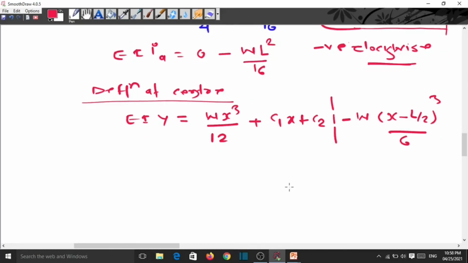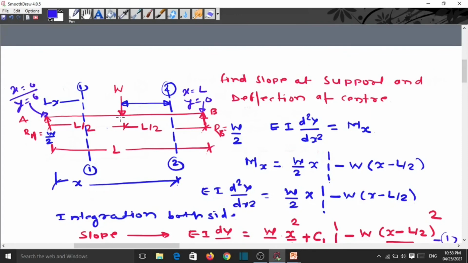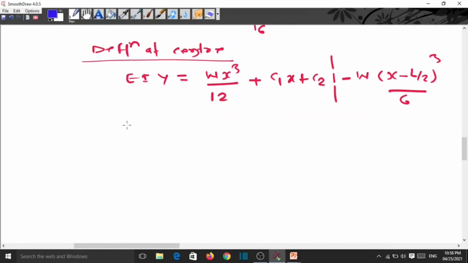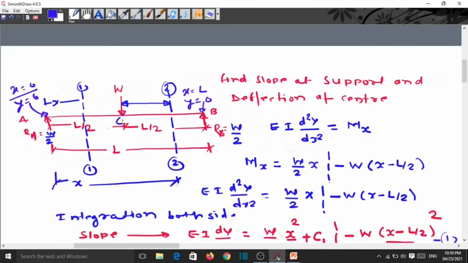So now deflection at center, it means we have to put the value of x. We want deflection at center, so x equal to L by 2. So x is equal to L by 2, this y becomes yc. Suppose this point is C, so this y becomes yc.